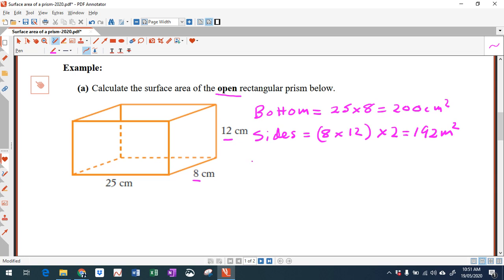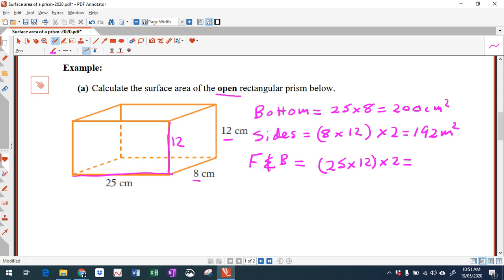Now, we haven't done the front and back yet, so let's do the front and back together. So the front, the base is 25. The height of the front is 12. Okay, so we've got 25 by 12, and then we're going to double that because the back is the same.